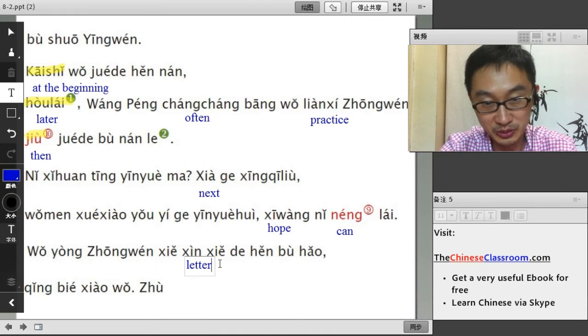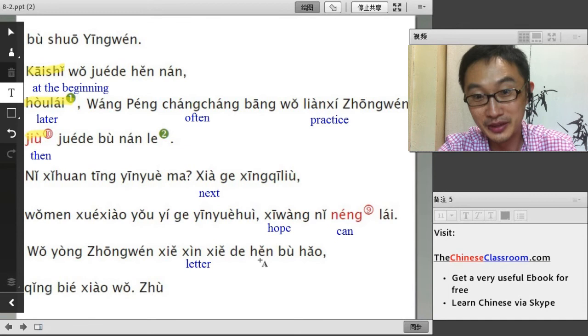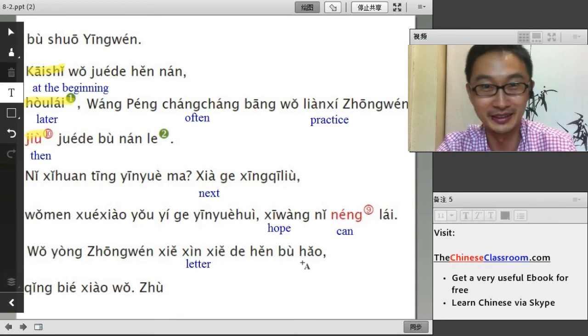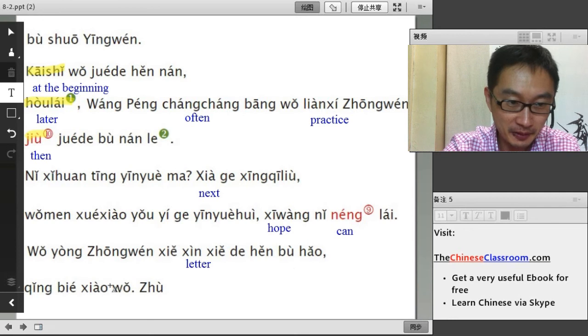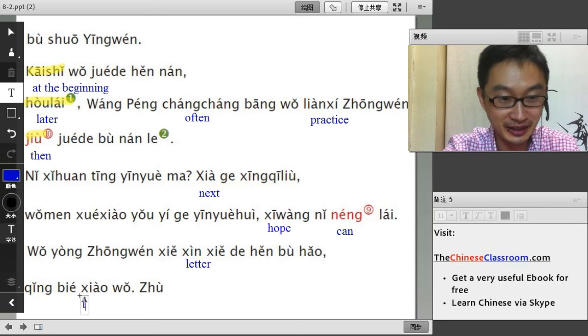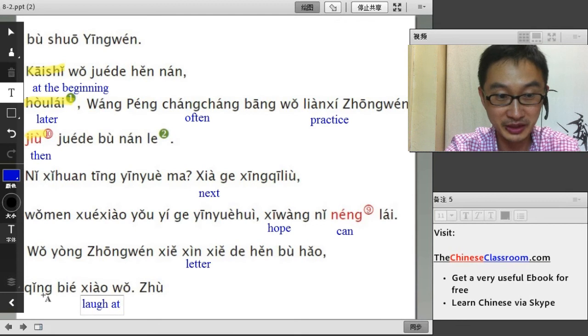I use Chinese to write a letter. 写的很不好, very not good. It's kind of modest actually. This letter is really good, of course, not written by students actually.